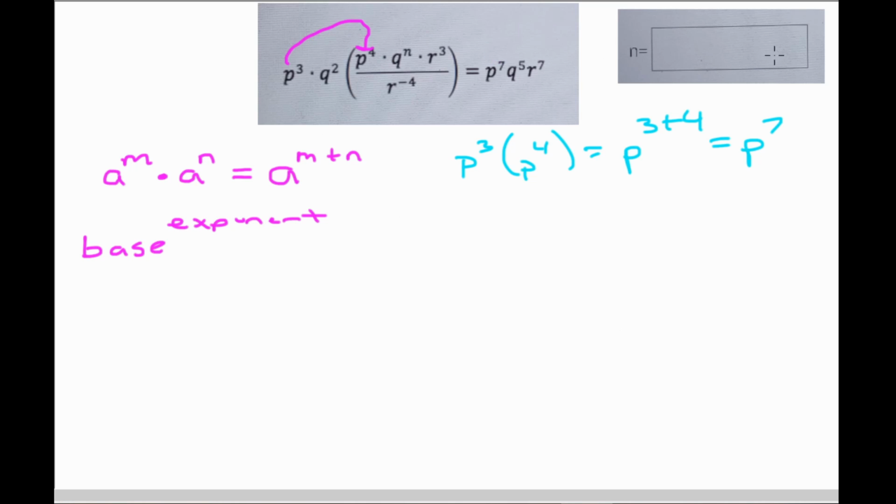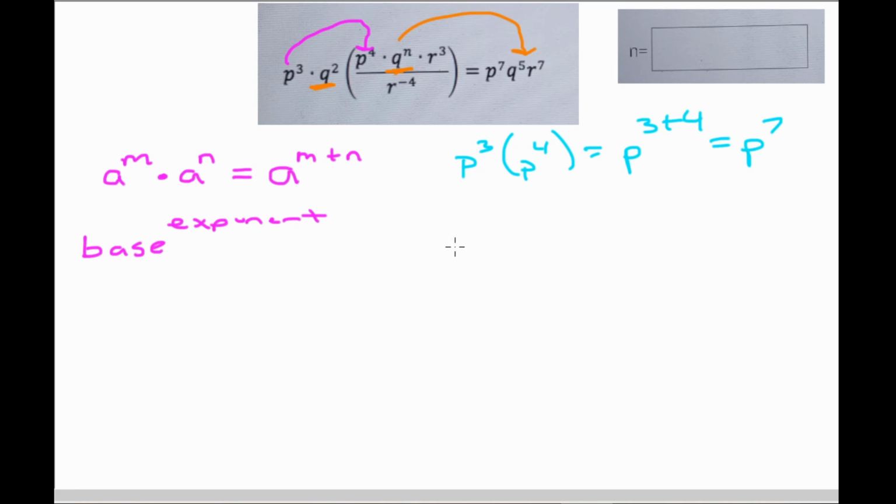So now what I have to ask myself is, for what value of Q, or what exponent of Q here, would make this become a 5?